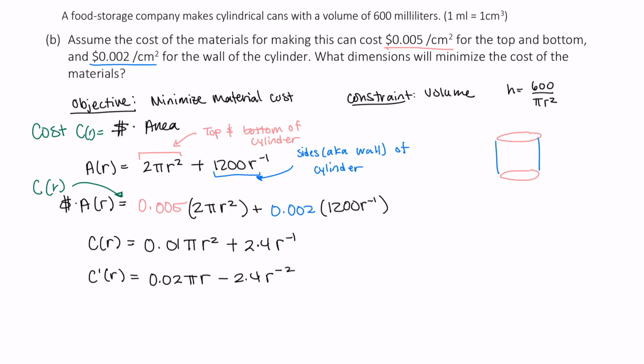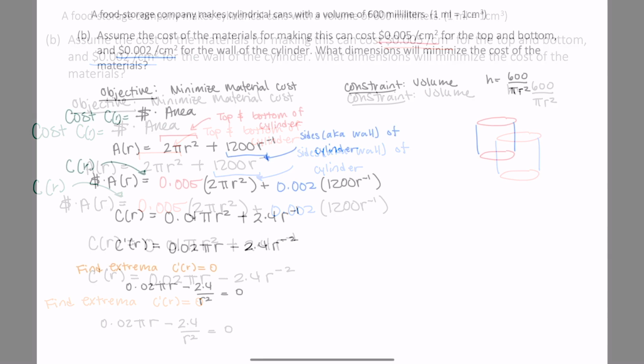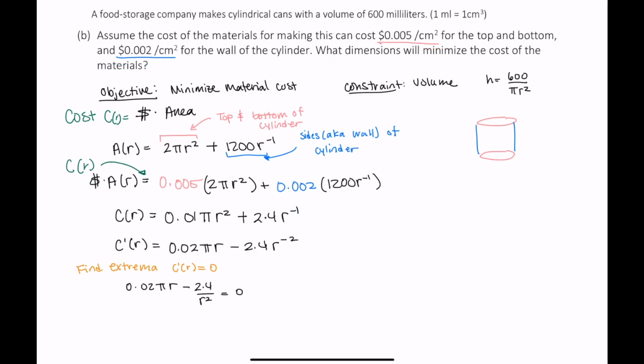Now to find the extreme points, in this case the min, we need to set C prime of r equal to 0. So that is 0.02 pi r minus 2.4 over r squared equals 0. This can be equivalently written as r cubed equals 2.4 divided by 0.02 pi.